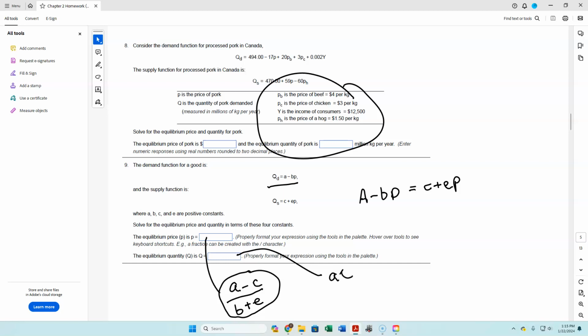And when you do that, you get AE plus BC over B plus C. This is not that important, to be honest. Just get through this, and it just kind of convinces you that you don't necessarily need numbers, that you can work through this in other ways.